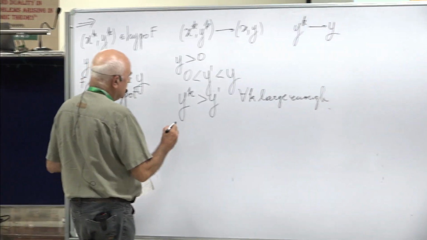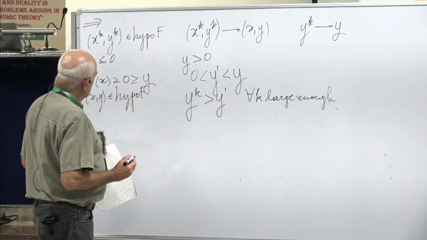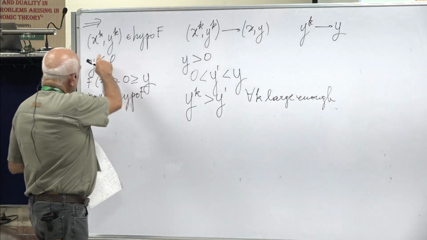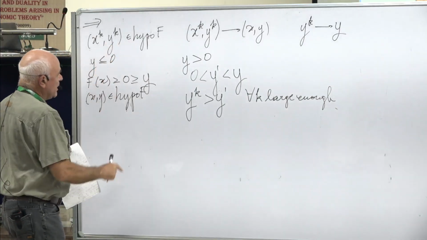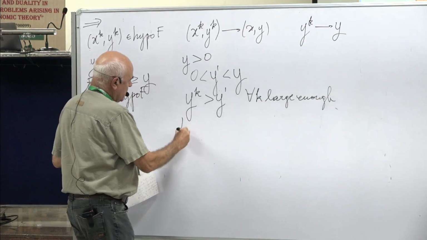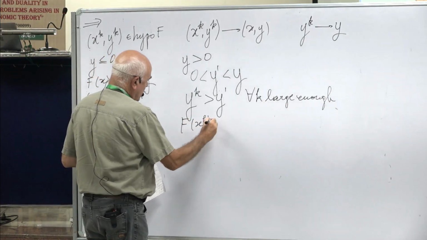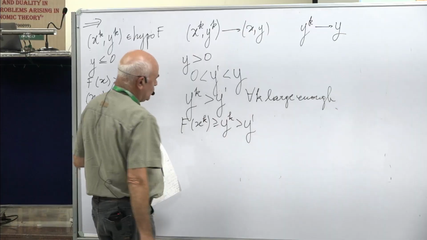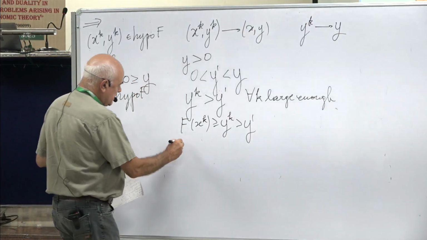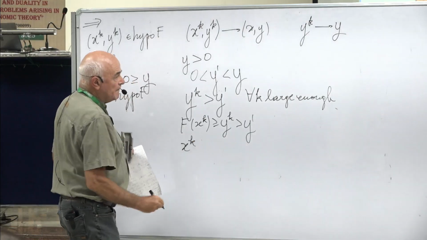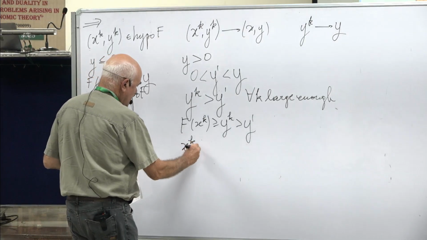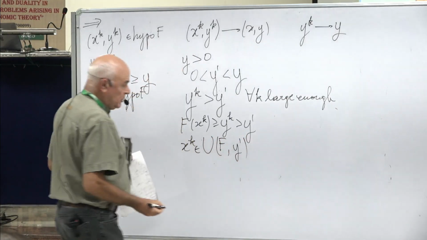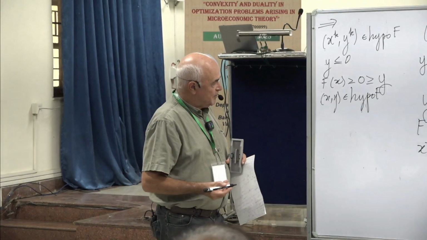Then, since we have that (xk, yk) belongs to the hypograph of f, we have f of xk greater than or equal to yk, which is strictly greater than y prime. And this means that xk belongs to the upper level set of f corresponding to the level y prime.